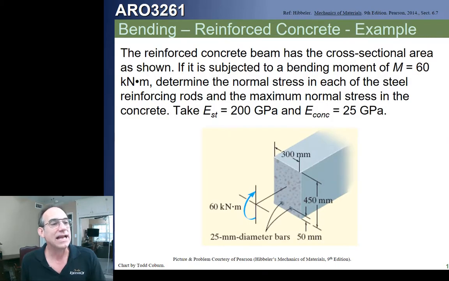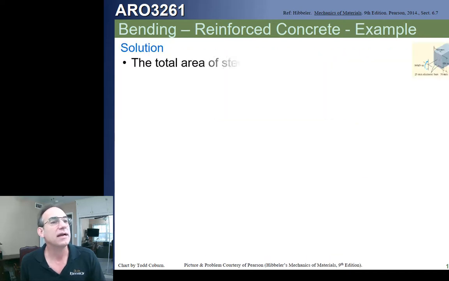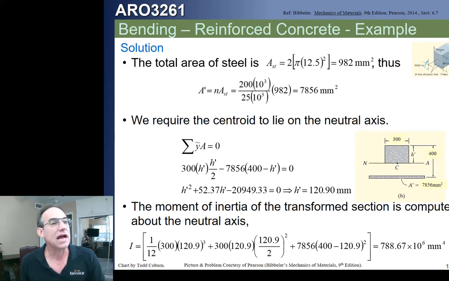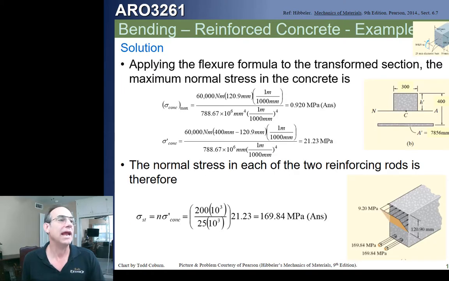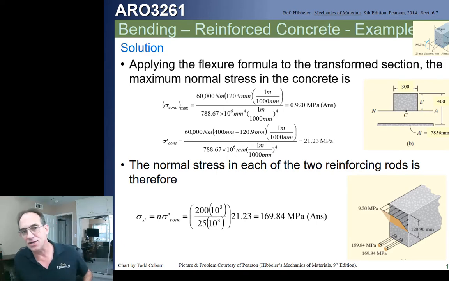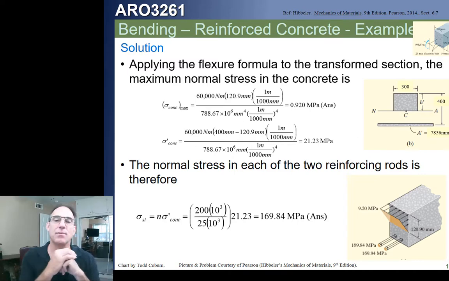Here is this example played out. This is out of Hibbeler, and for this problem it's calculating the inertia, finding where that H prime is, and then calculating the moment of inertia for that section, and then calculating stresses, which is a combination of our composite section approach and our concrete beam analysis technique.